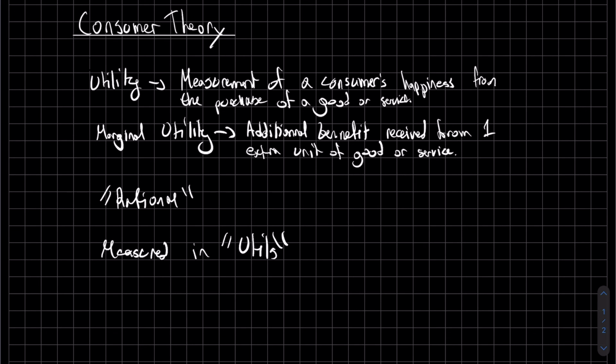Often you'll see maybe a utility function, let's say util for a good, but when you're writing your answer, you'll probably just write the number, let's say 25. You're not going to write 25U. It's not like something like centimeters that you add on to the end. And yeah, so that is the basics on utility.